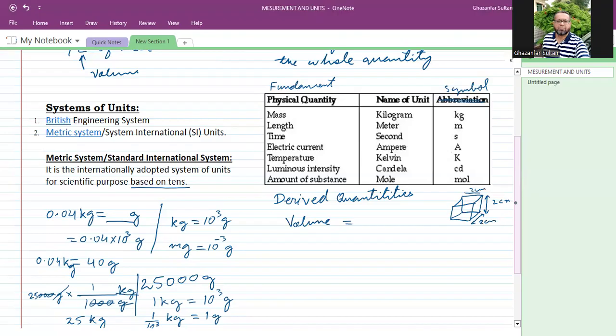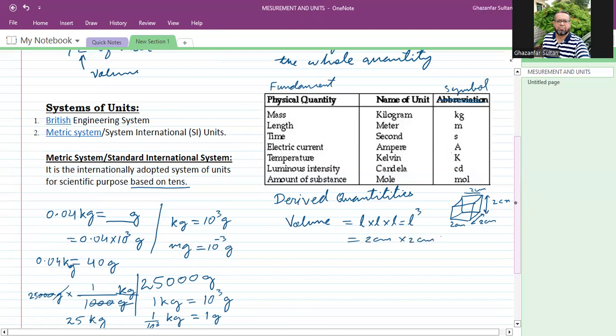So in a cube, all three lengths are equal. It is the multiple of three lengths, so L into L into L is equal to L cube. So the measurement would be 2 centimeter into 2 centimeter into 2 centimeter.